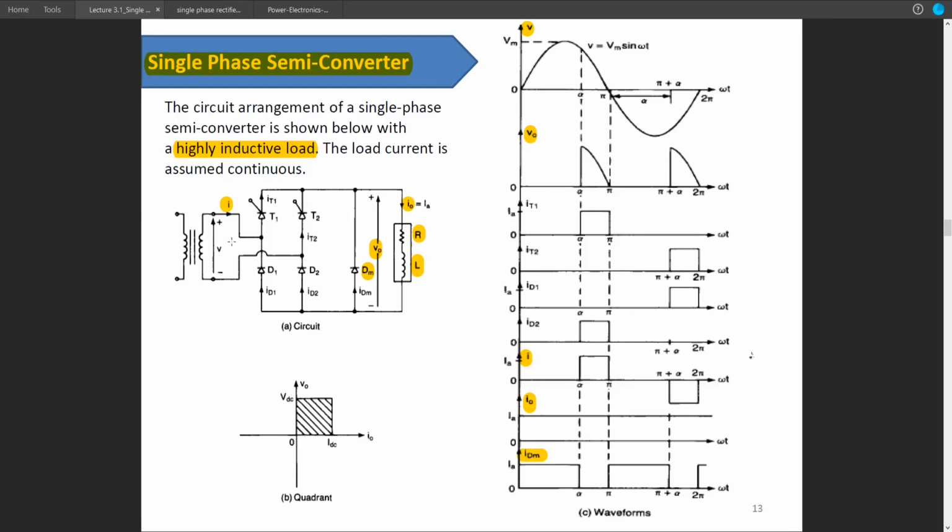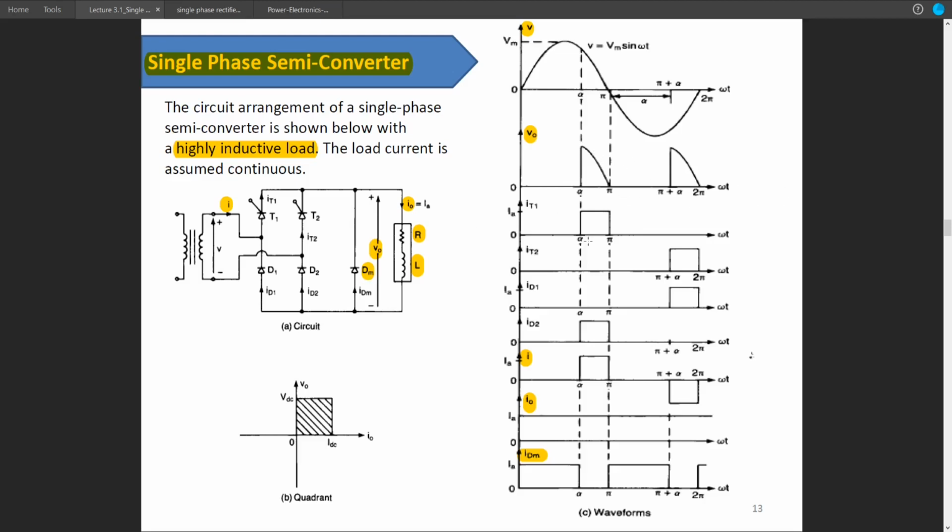For the first half cycle, if we trigger T1, the current will flow through T1, through the load and through D2. So in the first half cycle, both T1 and D2 will be on in this section.